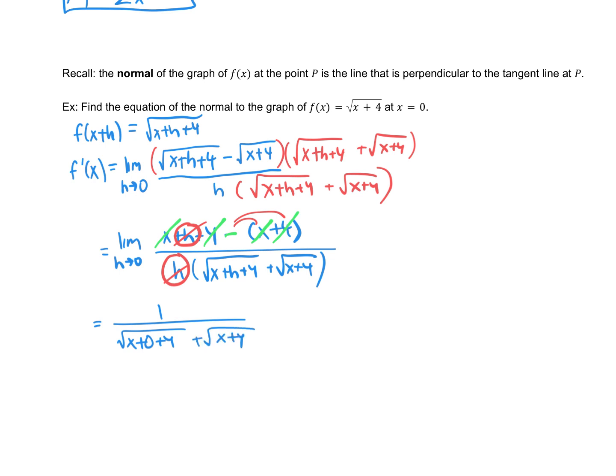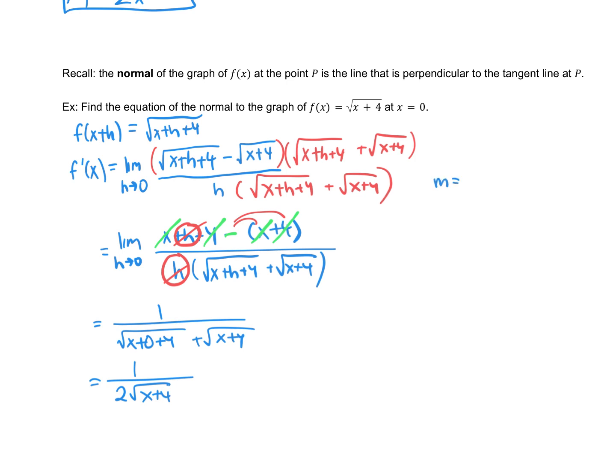So that's us having the square root of x plus 4 twice. Now you might want to multiply by the square root of x plus 4 to eliminate the radical in the denominator here, but because the question isn't to find the derivative, it's to find the equation of the normal, I'm just going to go straight to finding the slope of the tangent.